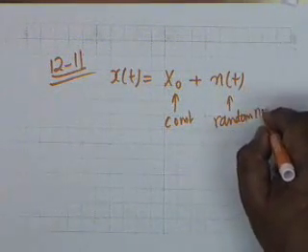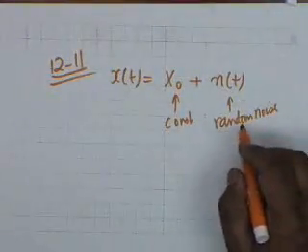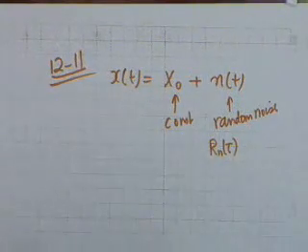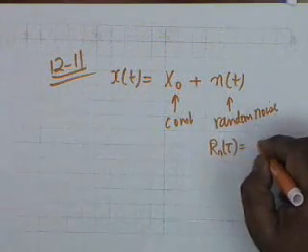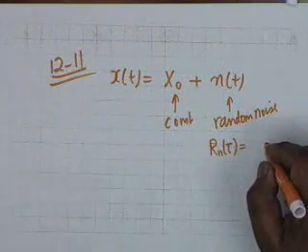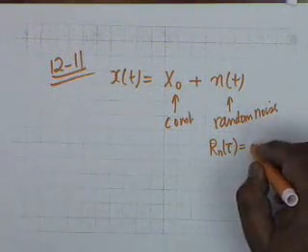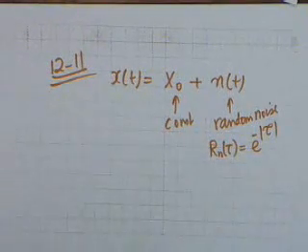A simple process, that is, random noise mixed with a constant DC level. The noise has an autocorrelation function Rn of tau which is colored noise, and therefore of the form some constant multiplied by e to the minus another constant mod tau. For simplicity it is simply given as e to the minus tau. This is what is given.